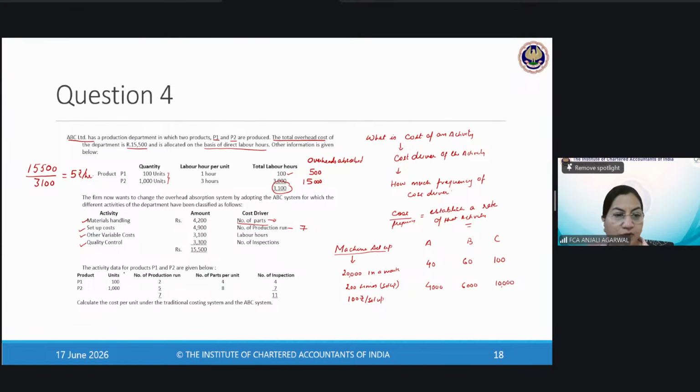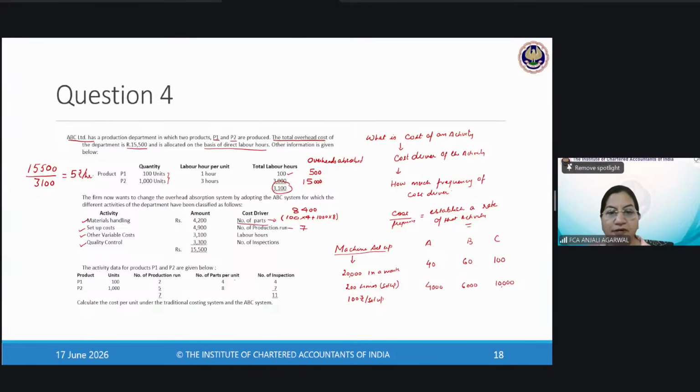So it's 4 into 100, 400 for P1, and 8 into 1000, 8,000 for P2. So the number of parts is 100 into 4 plus 1000 into 8, 8,400 parts.